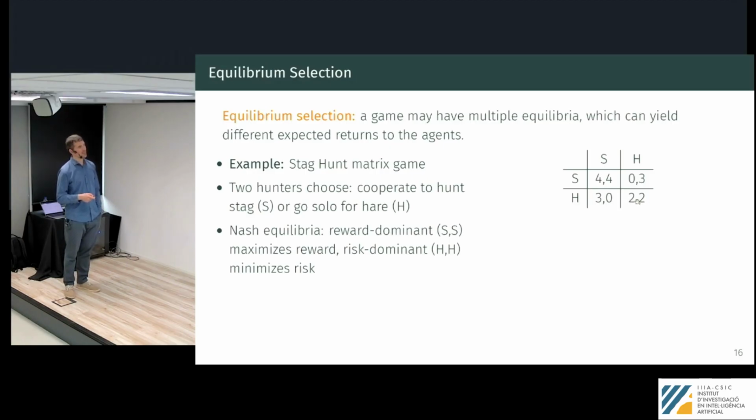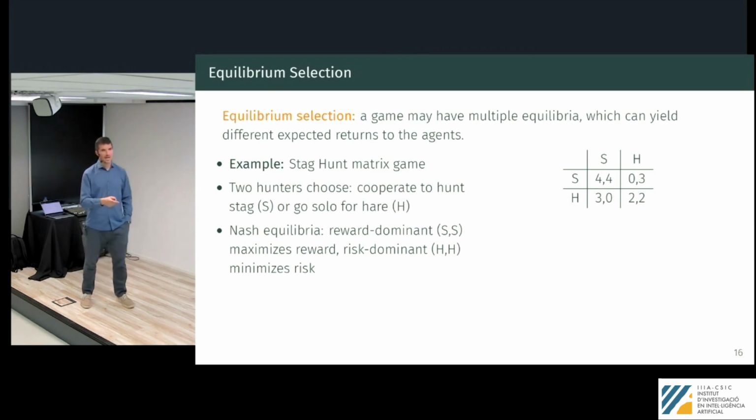Let's say player one switches from H to S. Then the other guy is still getting a reward of 3. Whereas if we are at SS and the first agent switches to H, there's a bigger drop for the other agent. So it feels like a more risky Nash equilibrium. That's what risk dominant means.